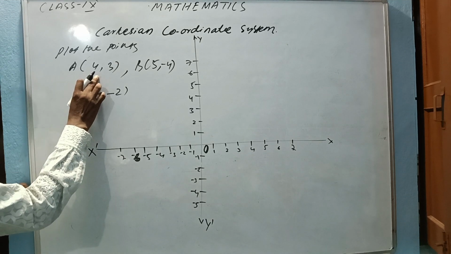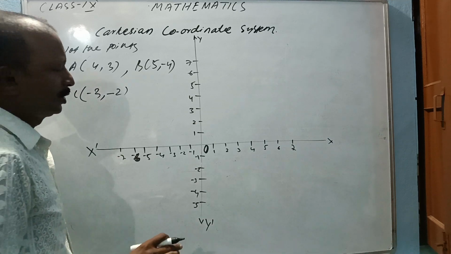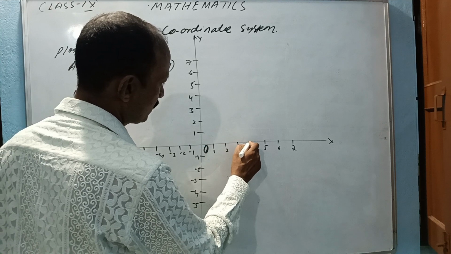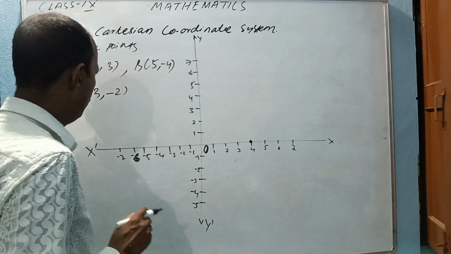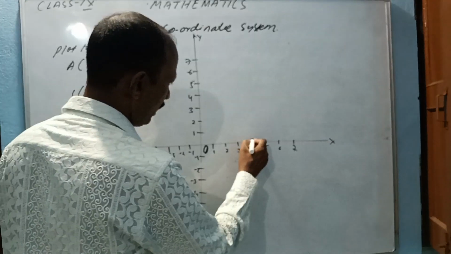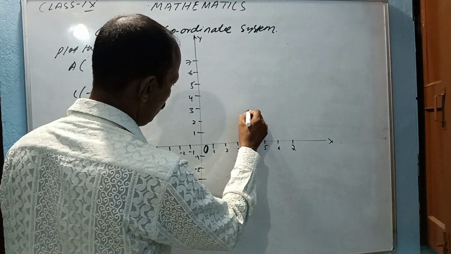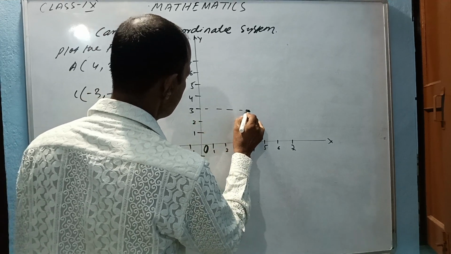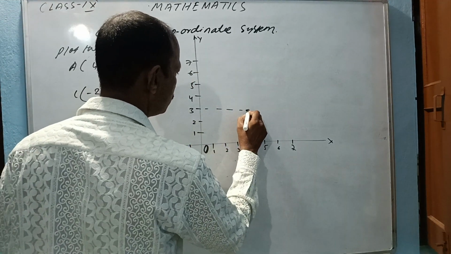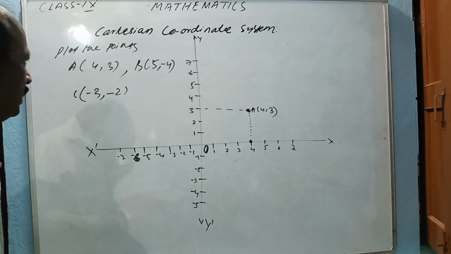Suppose the point A, its x coordinate is 4, y coordinate is 3. So x coordinate 4 means in the positive direction of the x axis I have to go up to 4. The y coordinate is 3, that means from there I have to go 3 units upward, straight perpendicular. That means its coordinate is 4, 3. Finished.